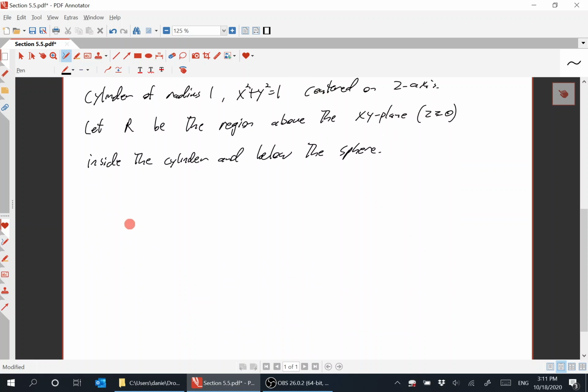So how's that going to look? So here's your x and y axes.